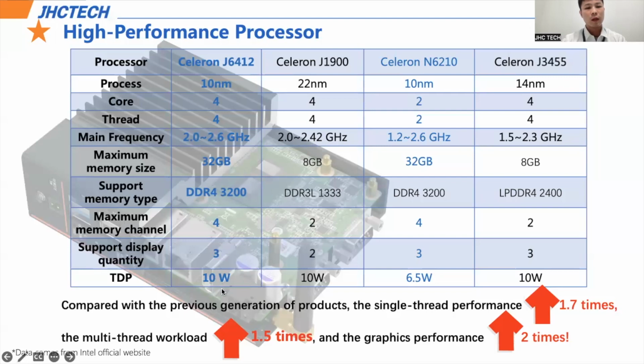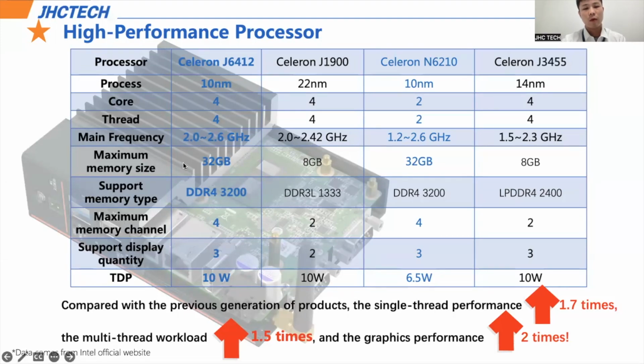Compared to the previous generation of the processor, the single thread performance can improve up to 1.7 times. The multi-thread workload can improve about 1.5 times. The graphic performance can improve about 2 times.